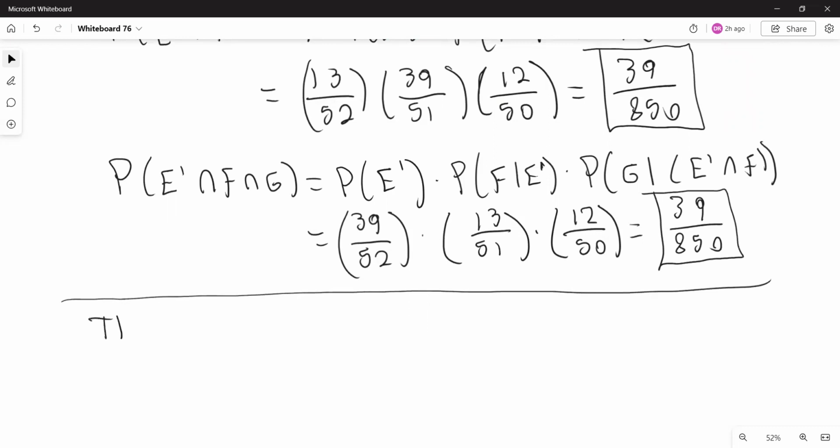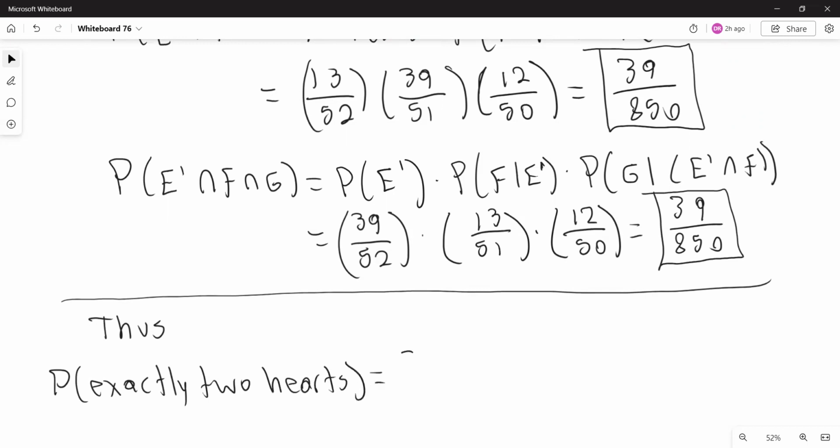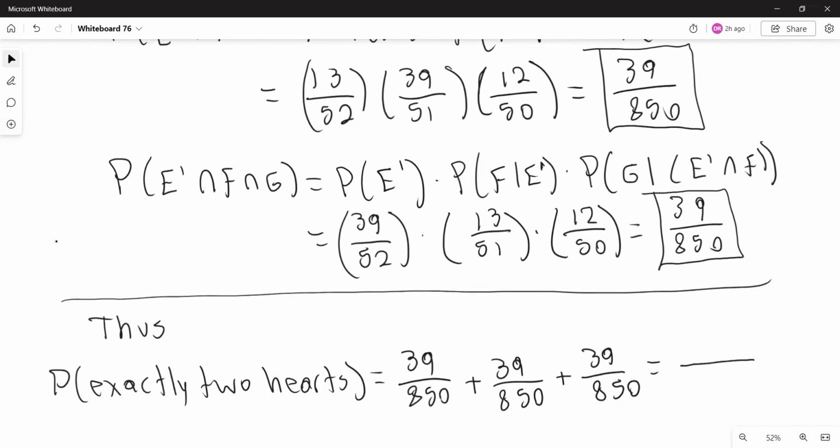So thus, the probability of drawing exactly two hearts is going to be 39 over 850 plus 39 over 850 plus 39 over 850. 39 plus 39 plus 39 is 117 over 850.